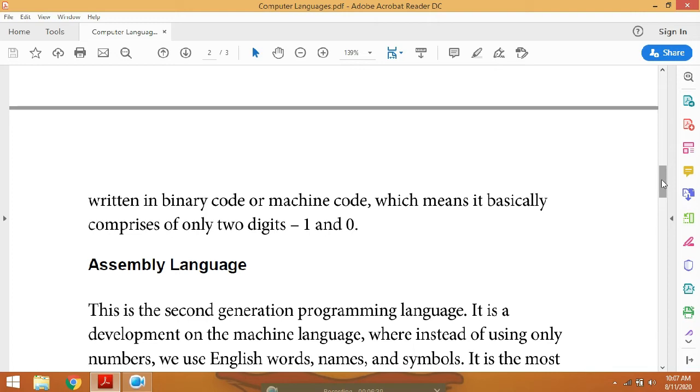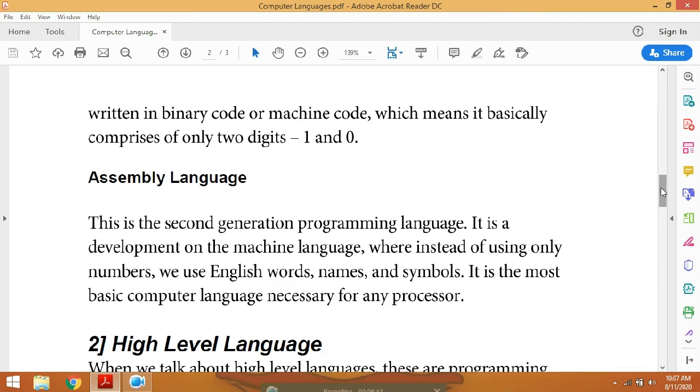Then there is assembly language, which we normally call a middle level language, because neither is it a high level language nor a machine level language, it is in between. Assembly language is used for the processors. For example, if we have to move something from memory, we use the keyword MOV.